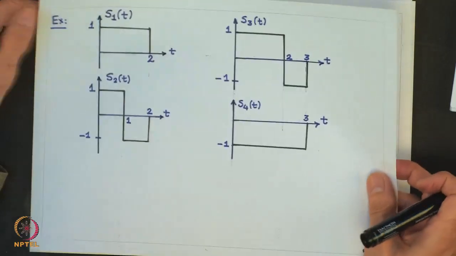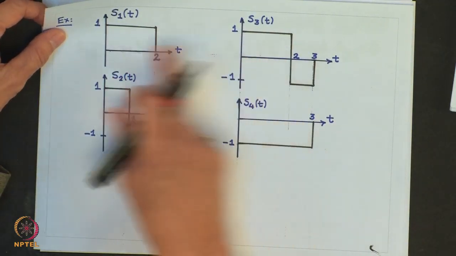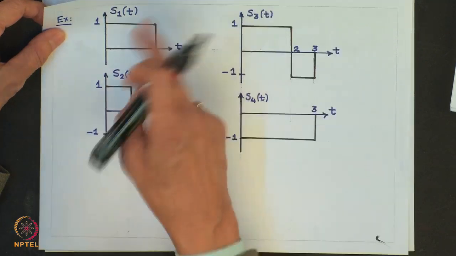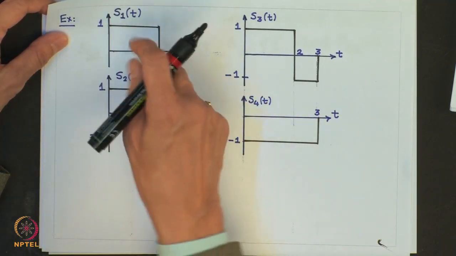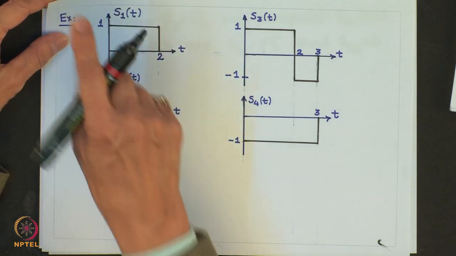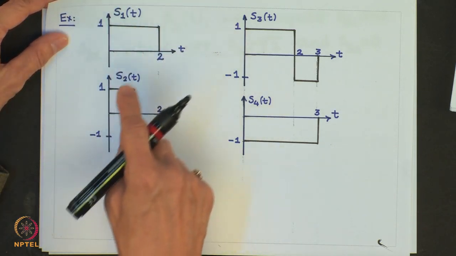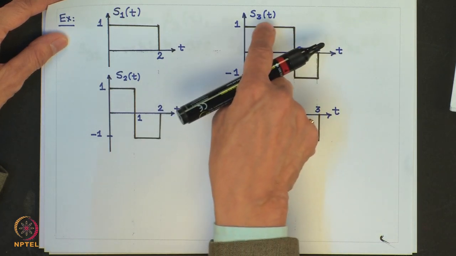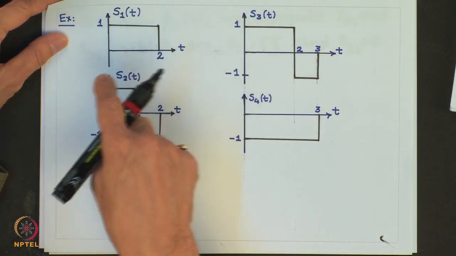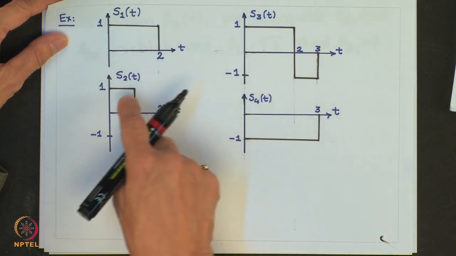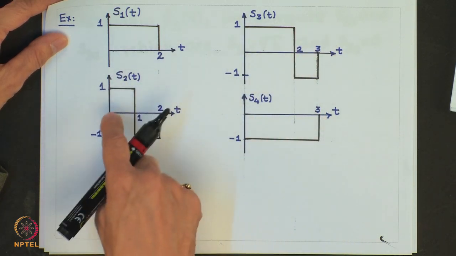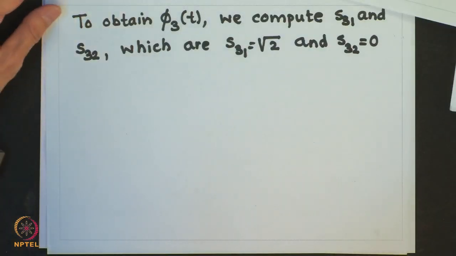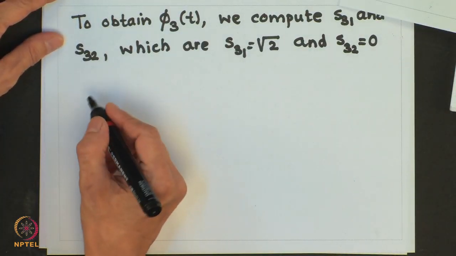Very straightforward from here, correct. Looking at the figure itself, we can see that the projection of this onto phi 1(t) is similar to this, except for the normalizing factor of root 2. But the projection of this on phi 2, which is similar to this except for the normalization, will be equal to 0. Okay, fine. So, this we will get.